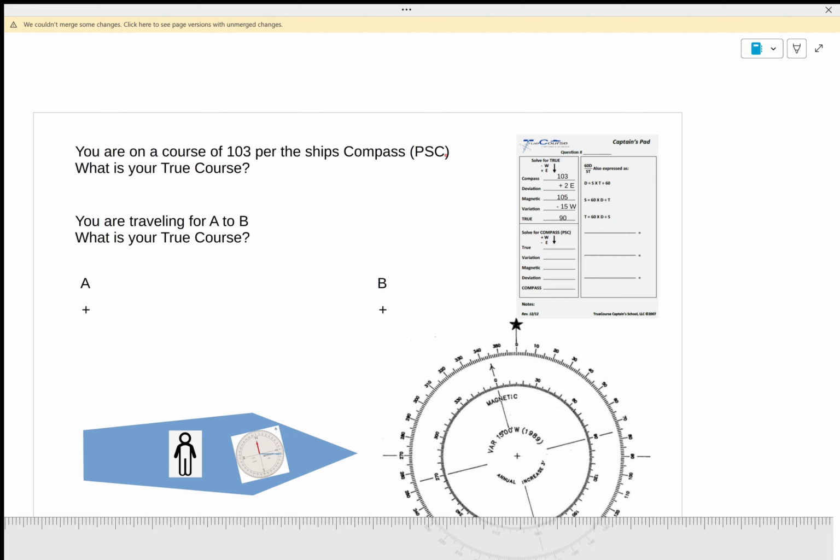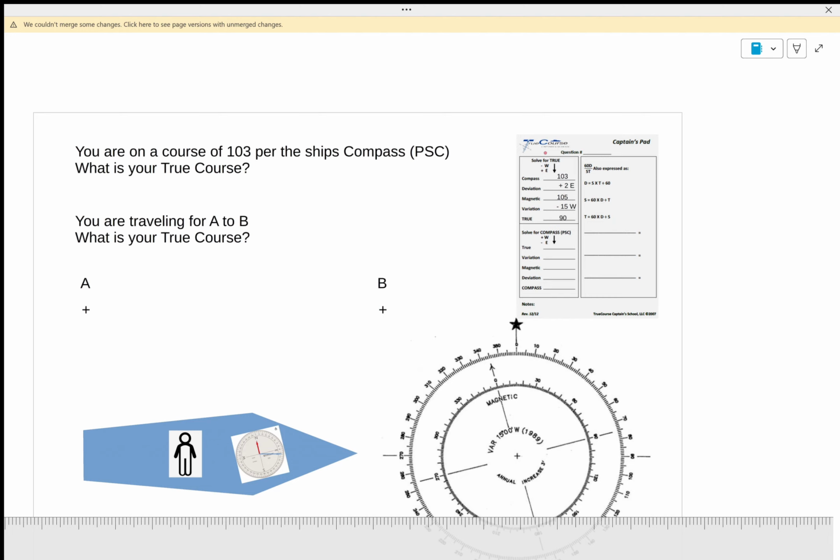So how would I figure out the true course on the chart? What would the course be that I would want to draw on the chart? Well, I would use the captain's pad and I would solve for true. 103 degrees plus 2 east, because I'm coming down, I use 2 east.